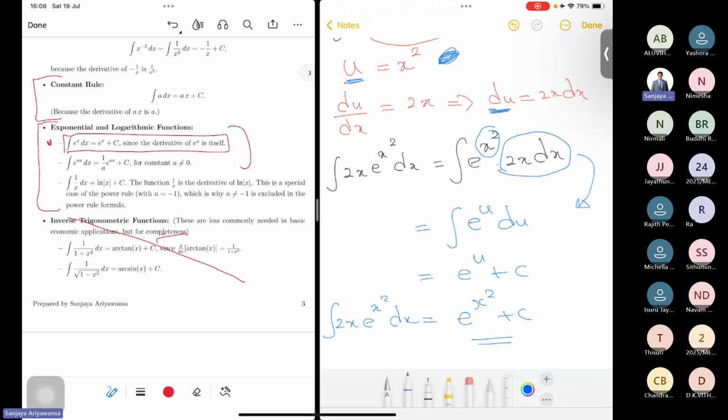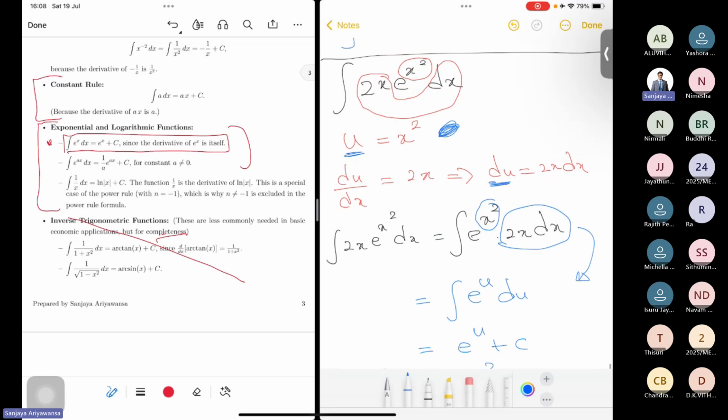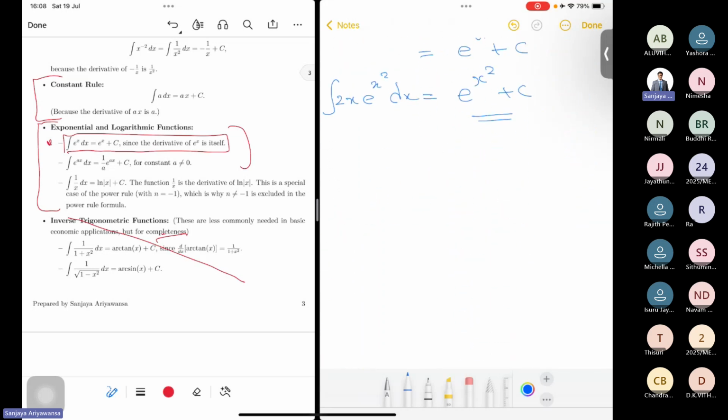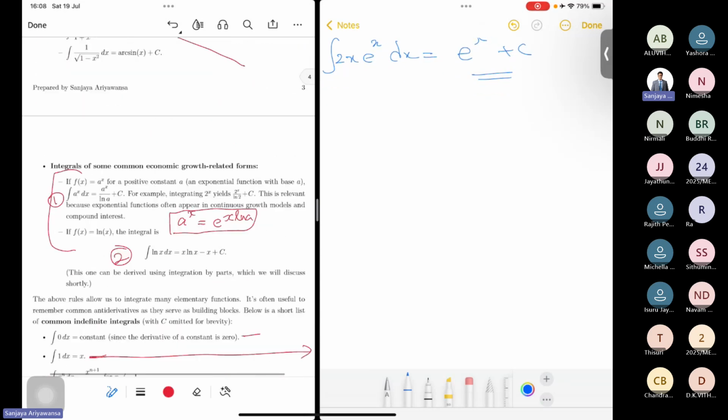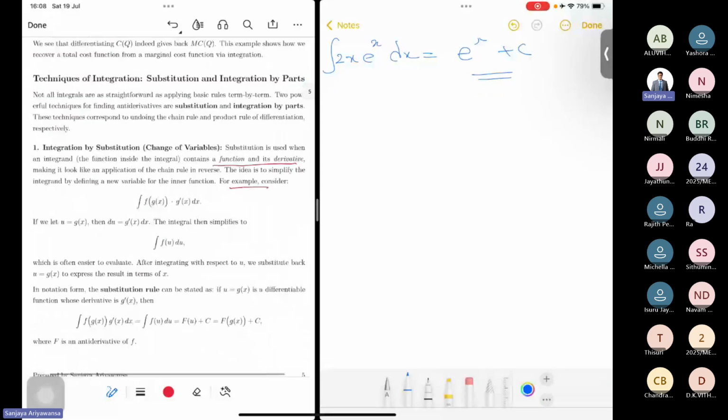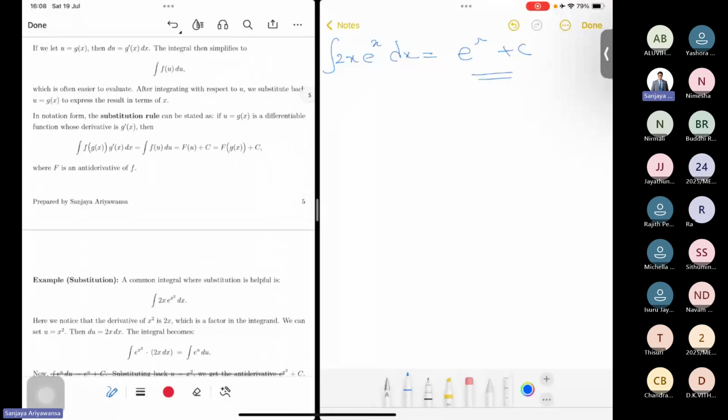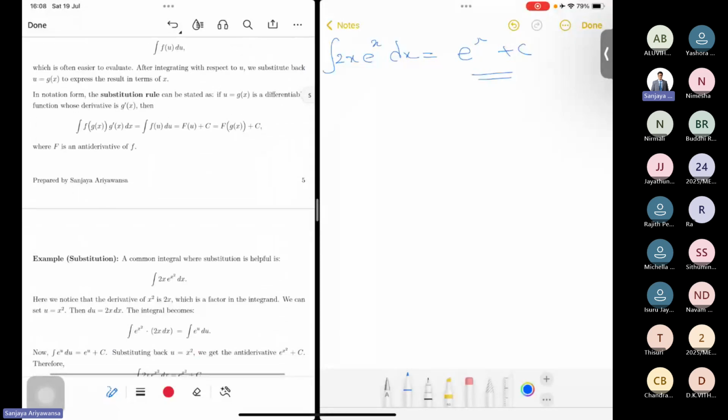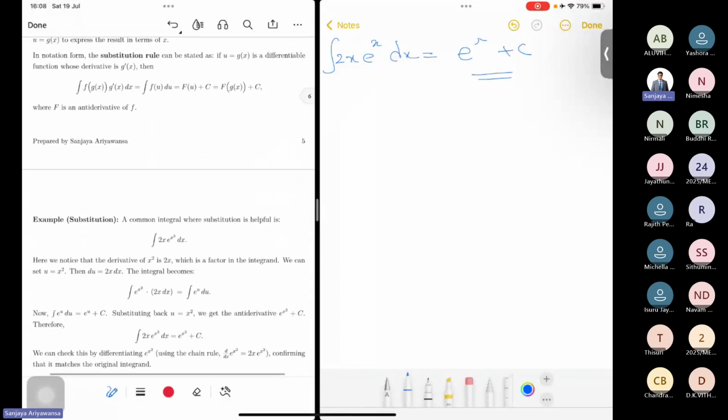So the tricky part in integration is identifying what technique to use. Is it integration by substitution, which was the case here? And for that, and I emphasize this, you need to do a lot of sums. So that was one example. Let's see whether we have something else. So that's the answer you got here, e to the power x squared plus c.